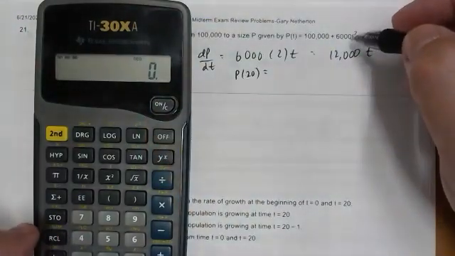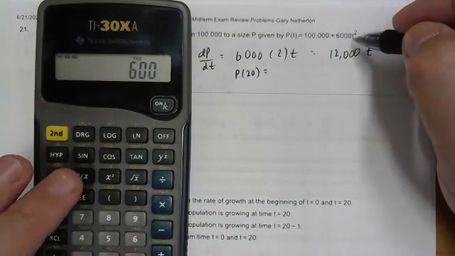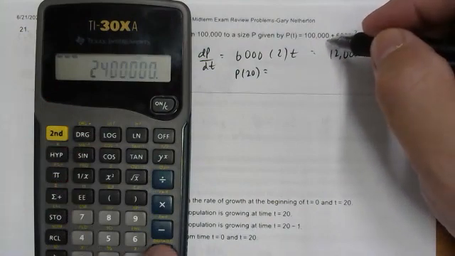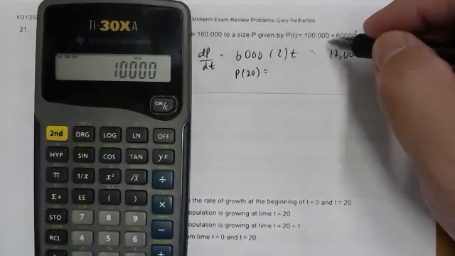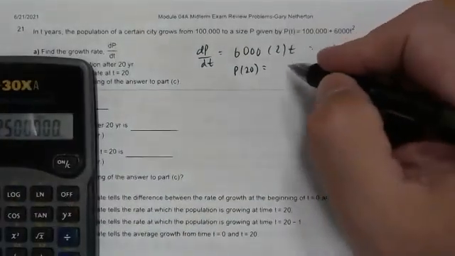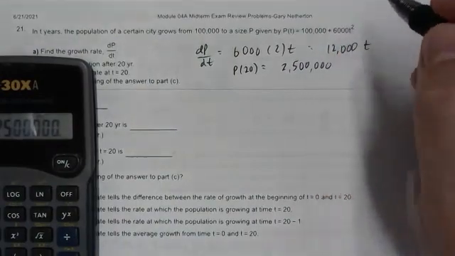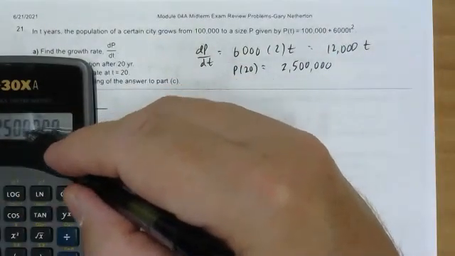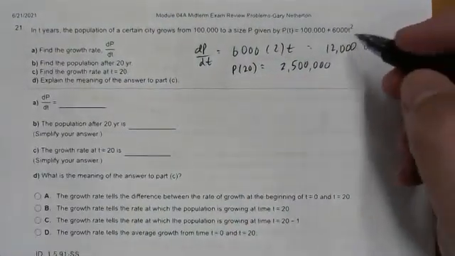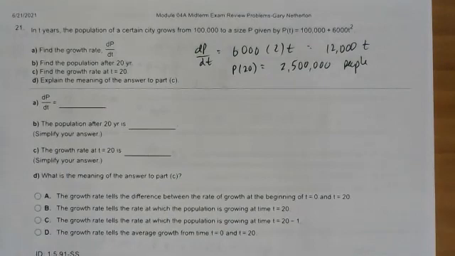So you have 400 times 6,000 plus 100,000. I think this is like 2,500,000. Yep. So after 20 years, this is how many people they predict you're going to have.